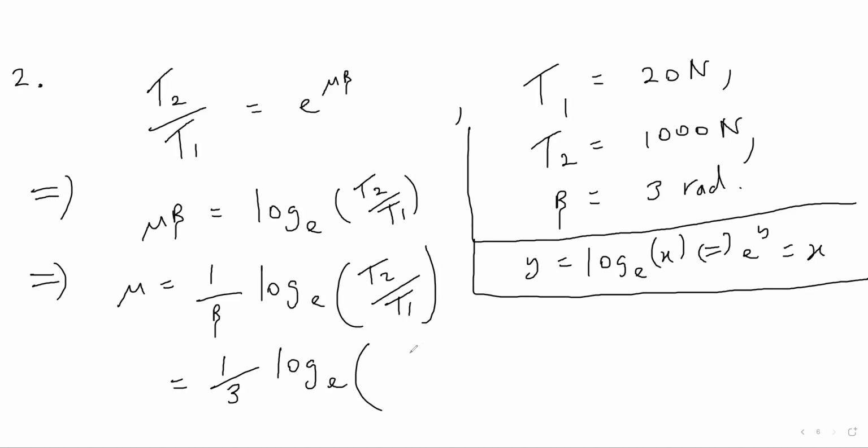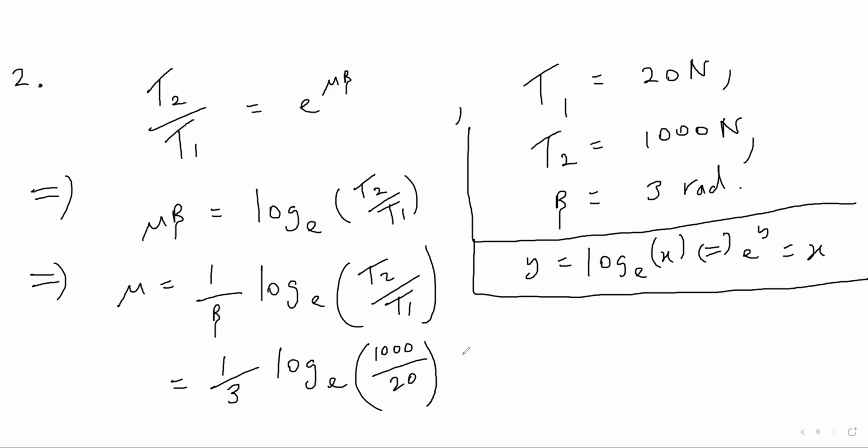In place of T2, we put 1,000. And we don't put the units. That's not necessary. So we leave out the newtons. At the bottom, T1 is 20. Again, leave out the newtons. If you're substituting into a function, don't put the units in there.